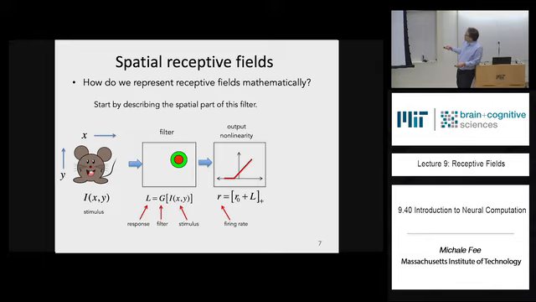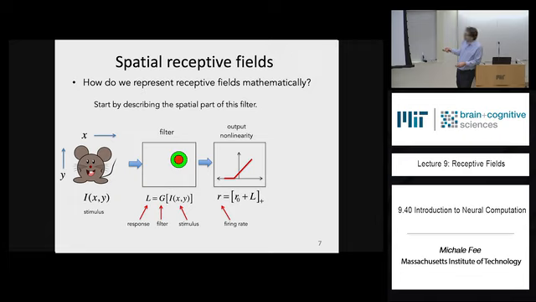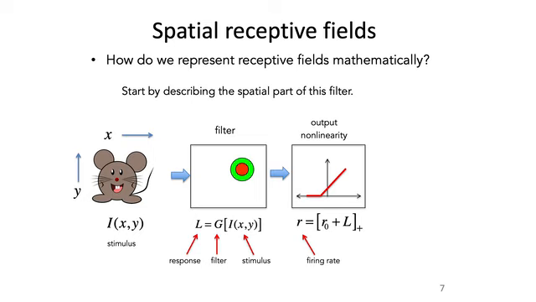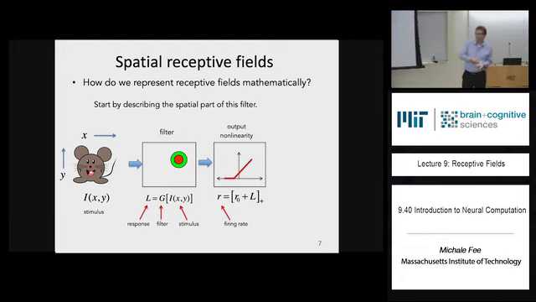Then we have some nonlinearity. So we take the response of the filter L, we add it to some spontaneous firing rate, and we take the positive part of that sum, okay, and call that our firing rate. So that would be a typical output nonlinearity. It's called a threshold nonlinearity, where if the sum of the filter output and the spontaneous firing rate is greater than 0, then that corresponds to the firing rate of the neuron.